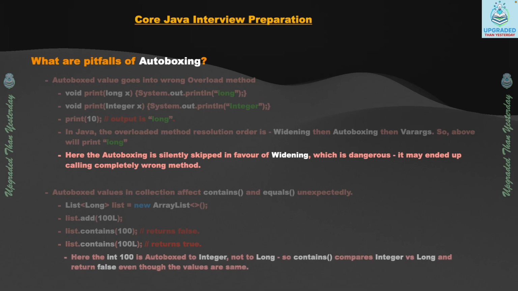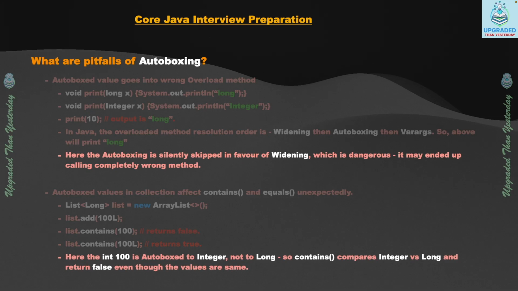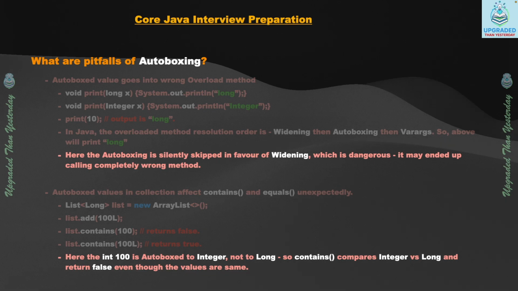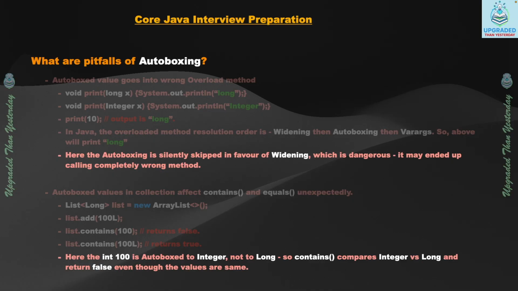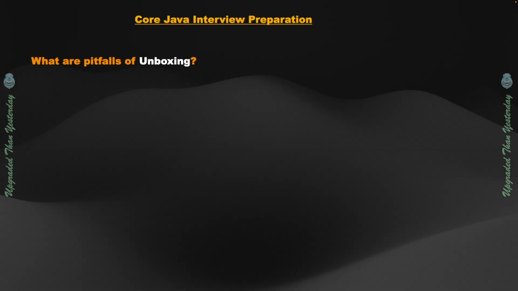Here although the values are same, JVM always autoboxes the primitive int value to wrapper integer type. So to autobox a primitive value to long type, there is a need of adding a suffix letter L with the primitive number. It is very tricky and may introduce bug in the code.